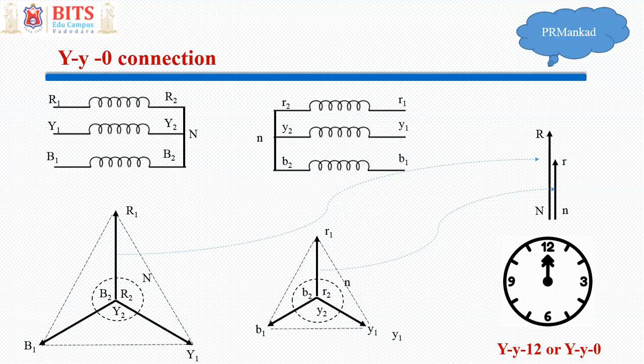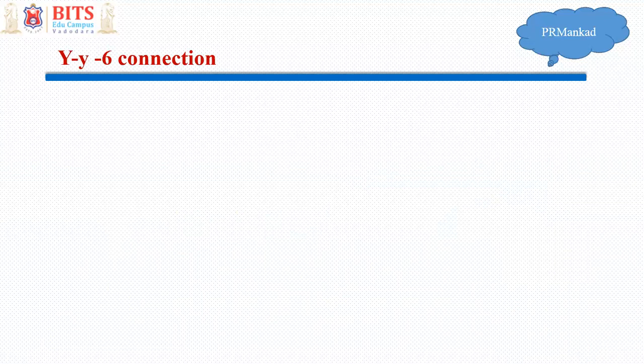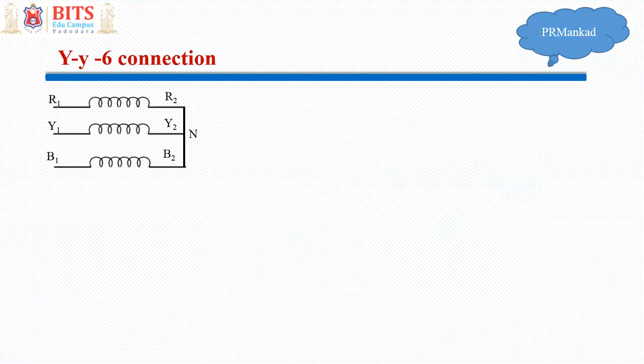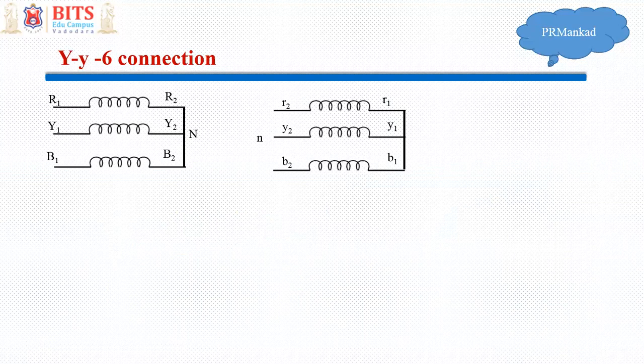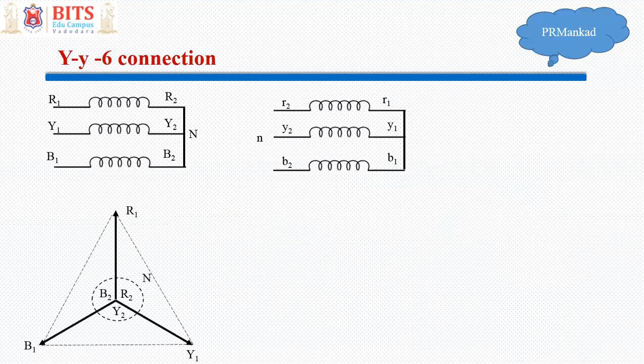Let us see what a YY6 connection is. A YY6 connection is one in which the secondary winding is connected the other way around. So the phasors of primary and secondary are going to be opposite. If this is the phasor diagram of the primary winding, the secondary winding, that means R2 to R1, will go in the opposite fashion, and that's why the whole phasor diagram will be in this fashion.